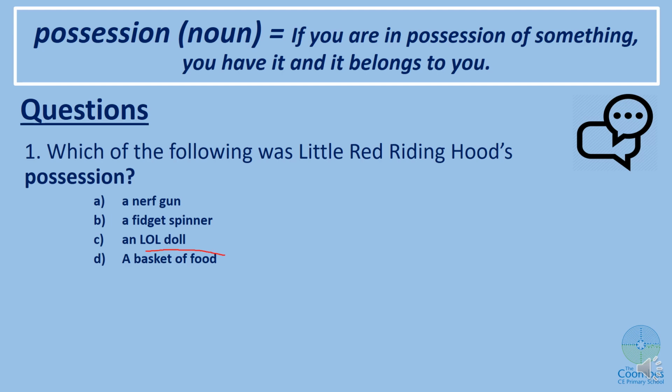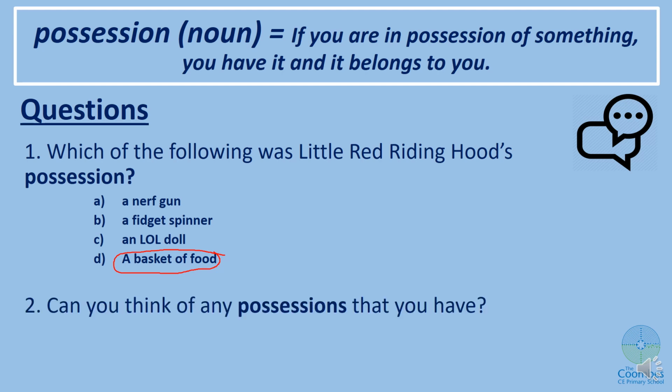Well done, it was a basket of food. That was Little Red Riding Hood's possession. Number 2, can you think of any possessions that you have? What things do you have that belong to you? Well done. I think you know what a possession is now.